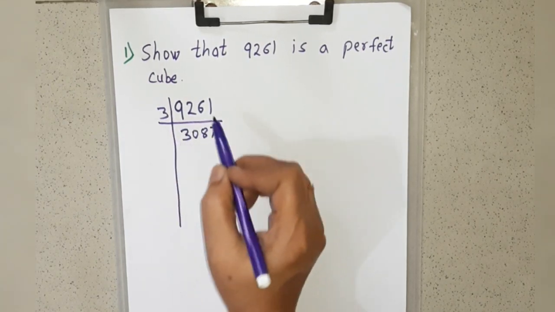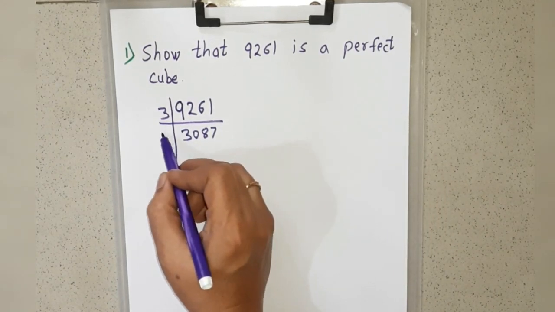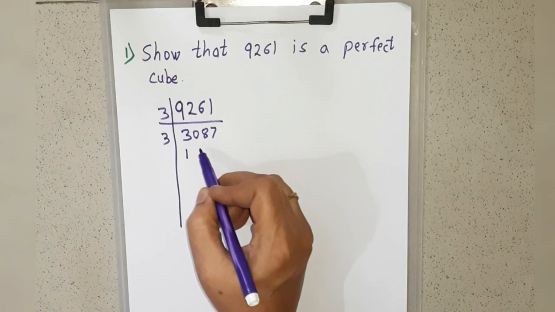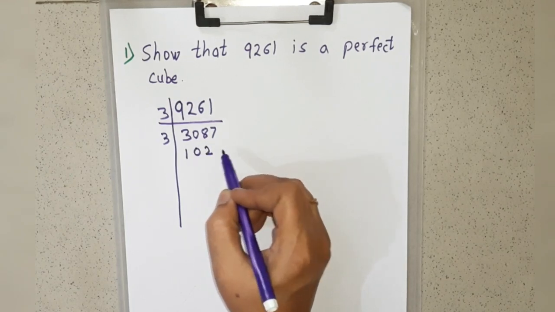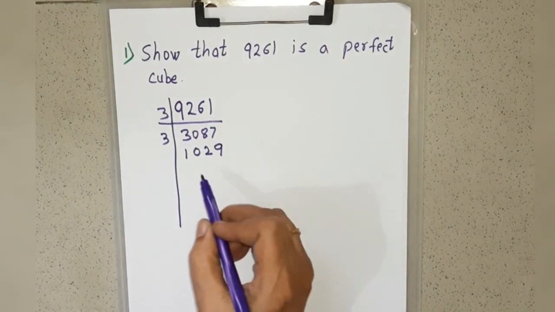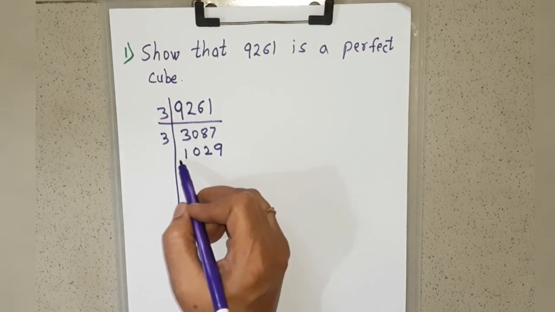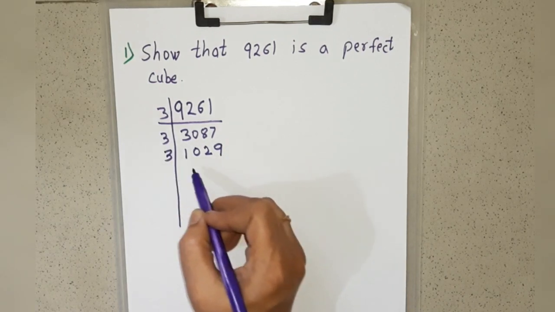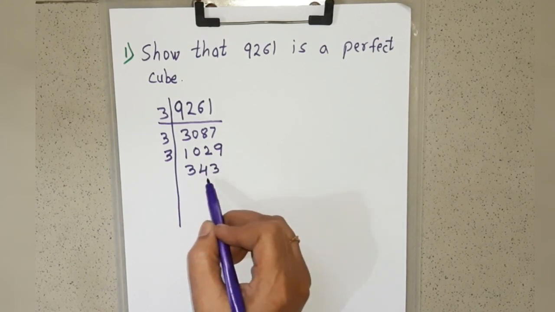If you are not able to do it orally, children, you can do it in rough work. Again, we can divide this number by 3. You get 1029. And when you divide 1029 again by 3, you get 343.